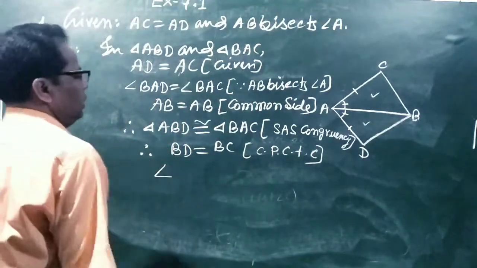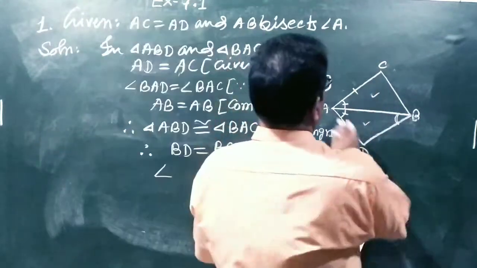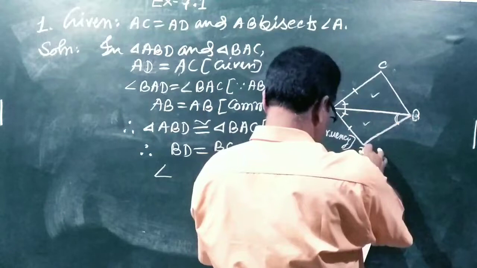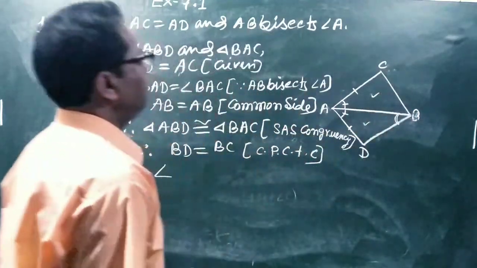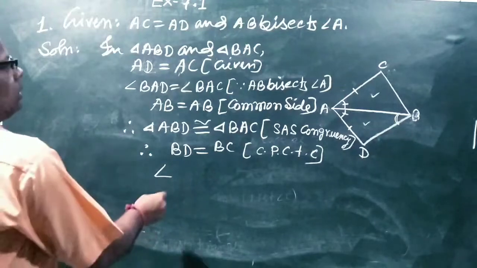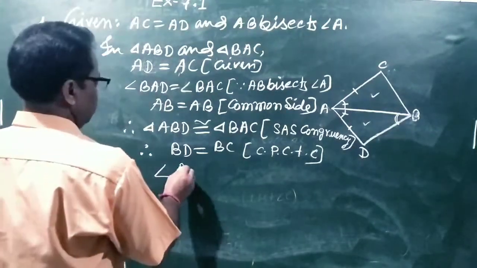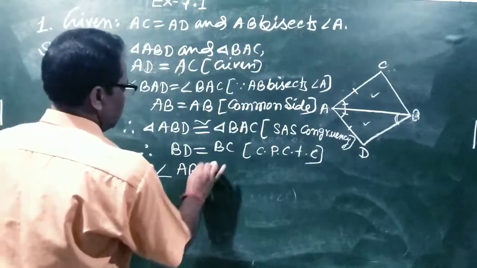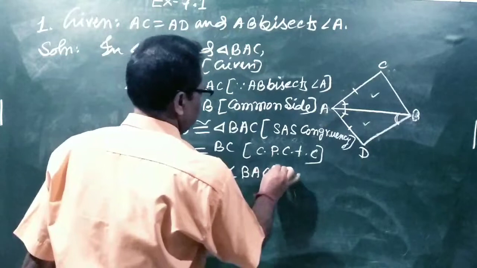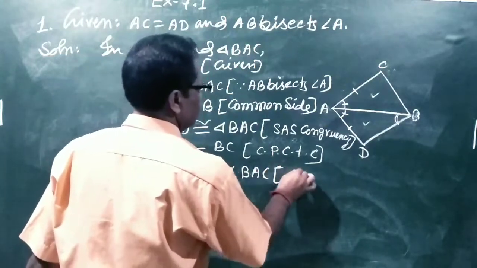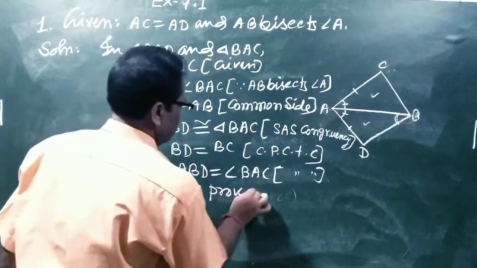Third part: if the two triangles are congruent, then angle ABD will be equal to angle BAC. That is also possible. Therefore, angle ABD is equal to angle BAC. This is also under the same reason, corresponding parts are equal. So it is proved here.